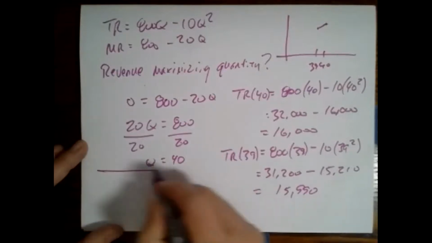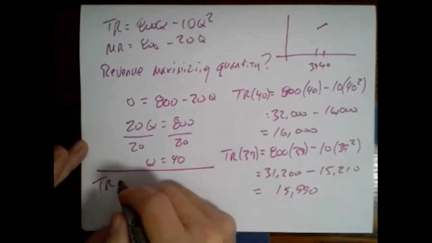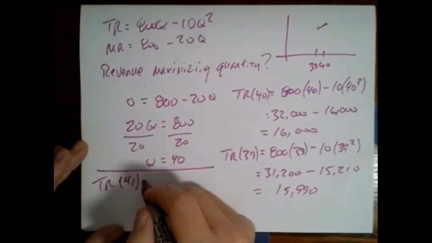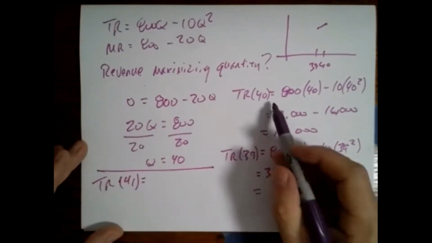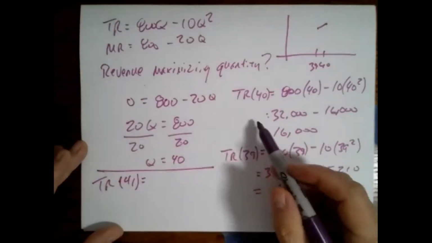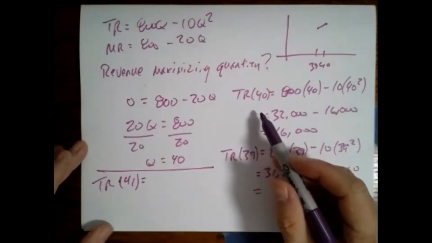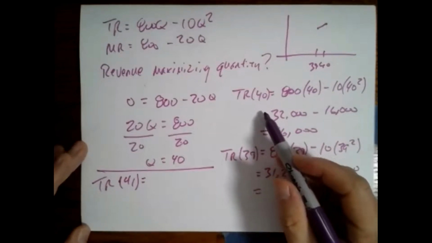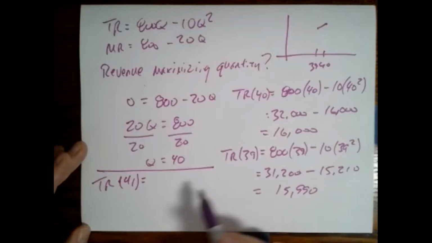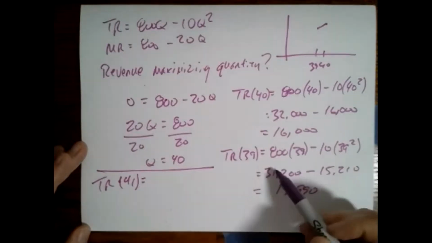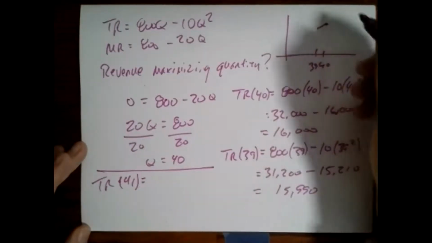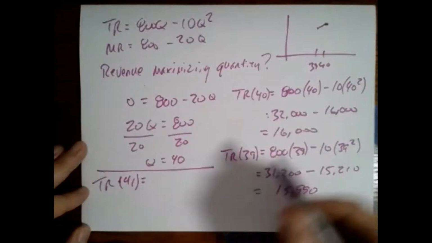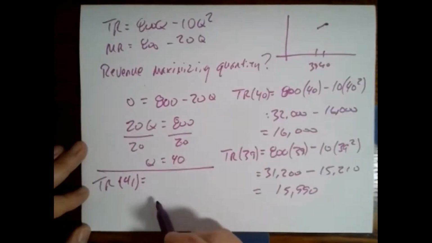And if we set total revenue at 41, so we increased by one. So this one we did one less than what Kat and Ariana and Andre proposed as being the maximizing quantity. We saw that we made less than we could at 40. Now we're going to go past 40 to 41.